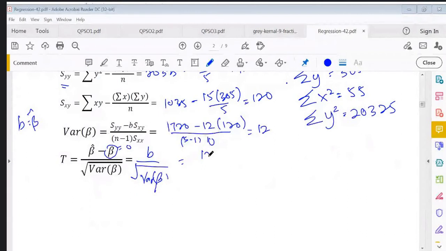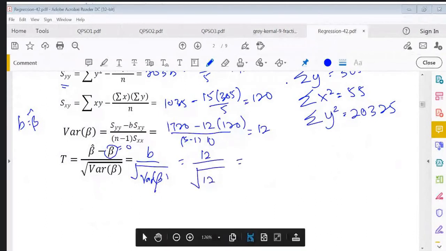Okay, for this one it was wrong. The value here is 7.